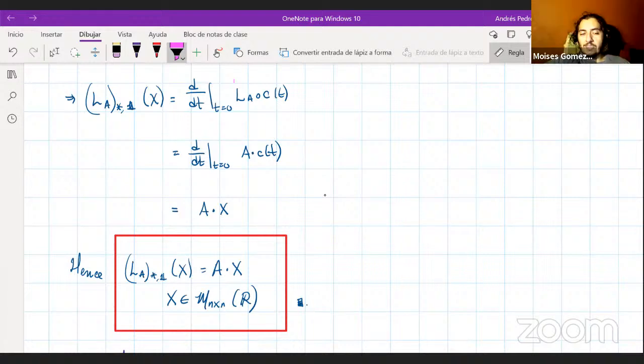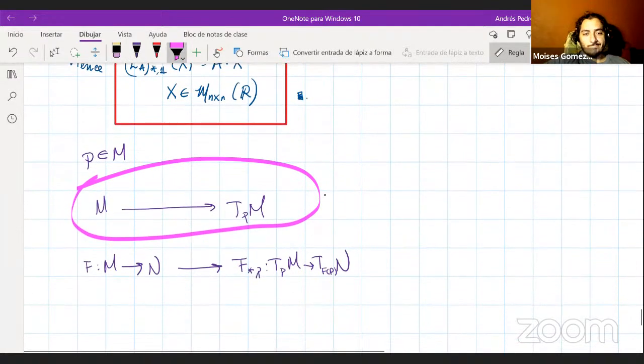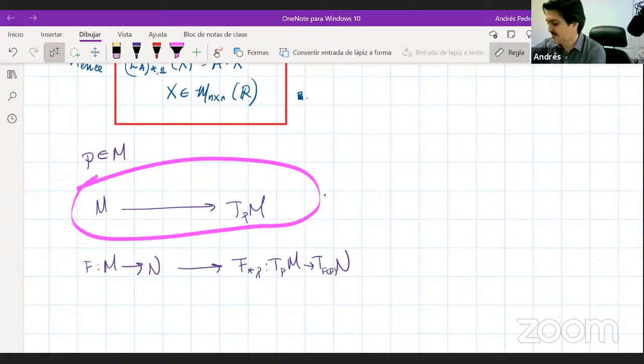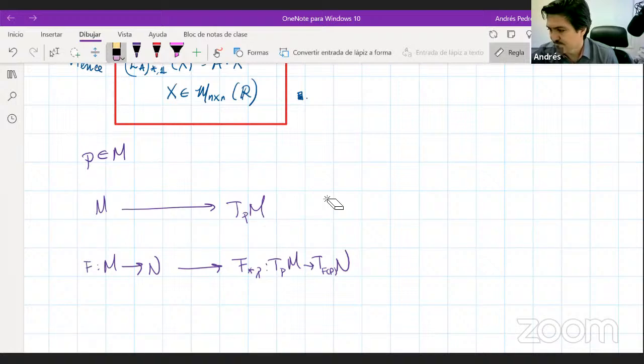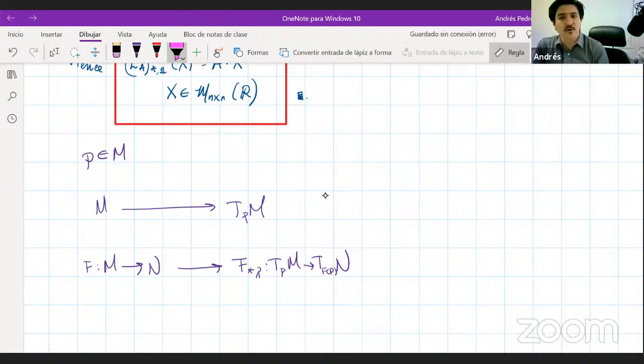What do you mean by the infinitesimal aspect of this? Right, so infinitesimal means exactly this. Infinitesimal is a local thing, going from a point to this.